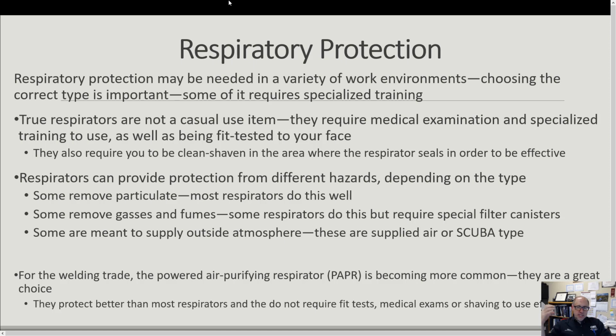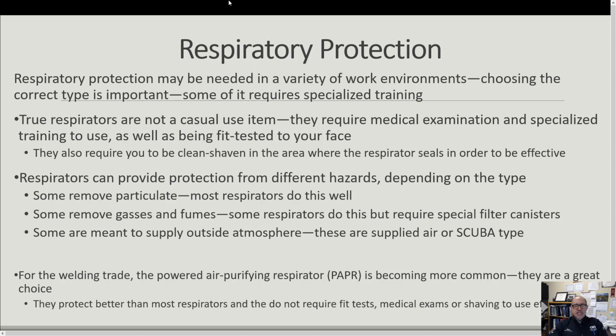That hose runs up to a special welding hood that is vented, plumbed for air, and the waist unit provides positive pressure constantly into that welding hood so that you're always breathing pressurized, purified air.